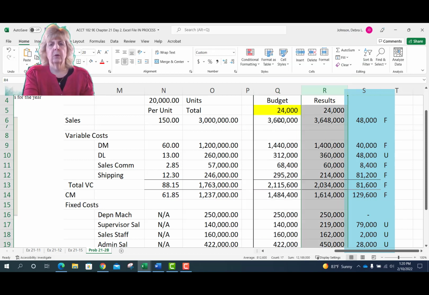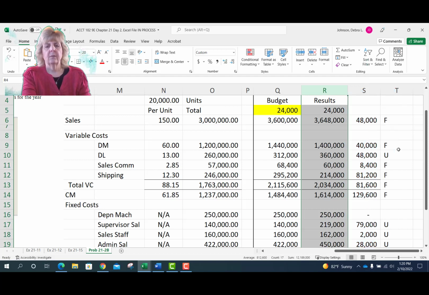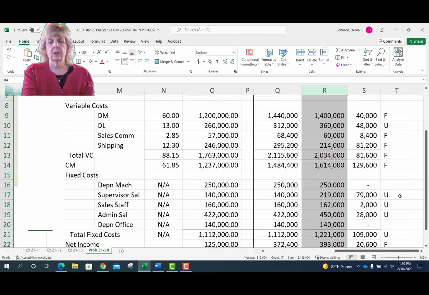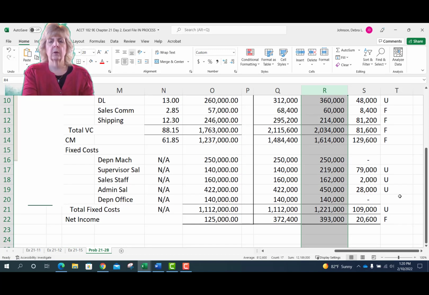And from that, you can calculate the difference and notate it as either favorable or unfavorable. Pause the video, check out your answer, and make sure that there's no questions. Here's the top half through the contribution margin, and here is the lower half through net income.